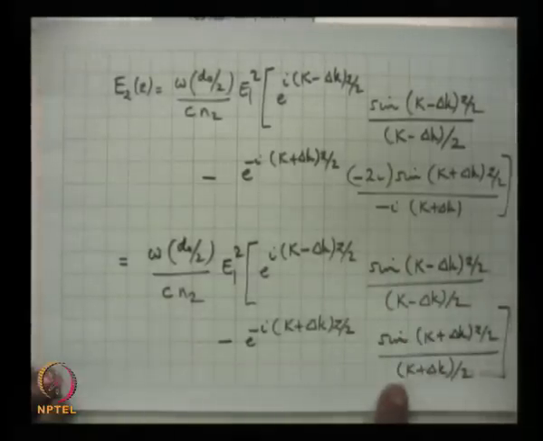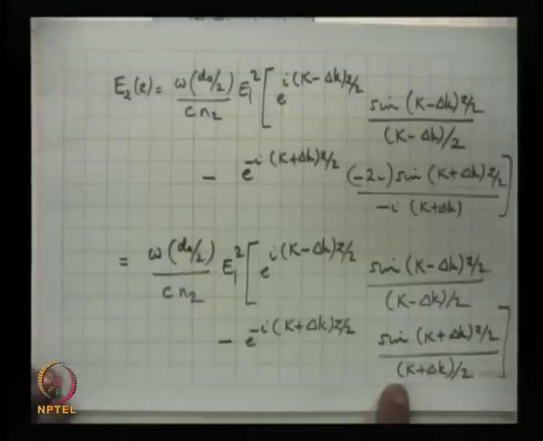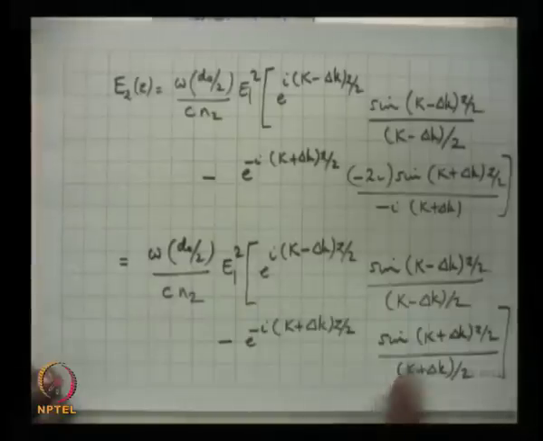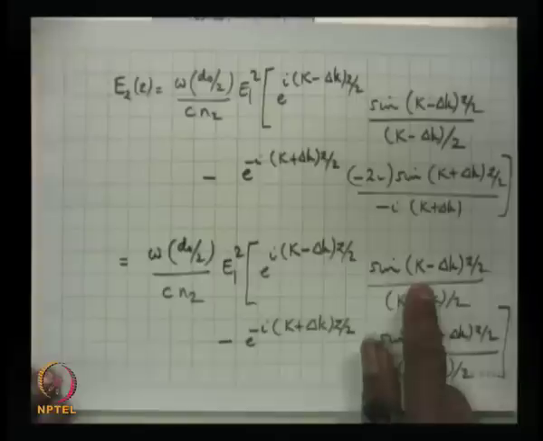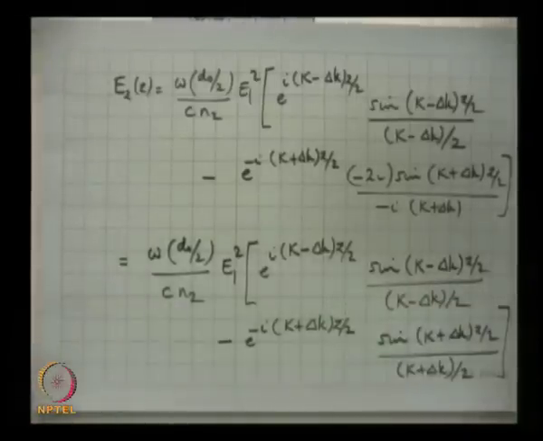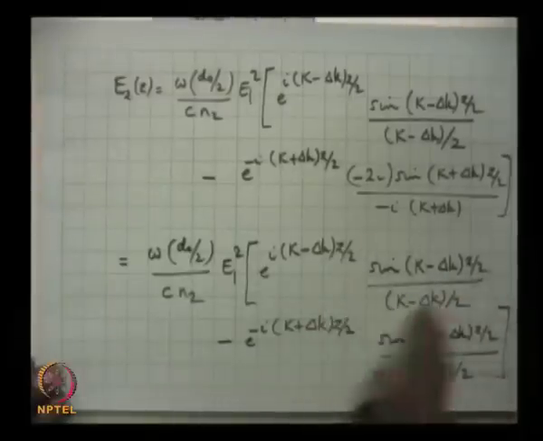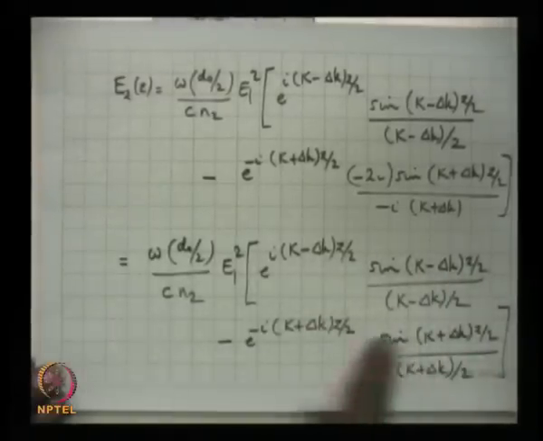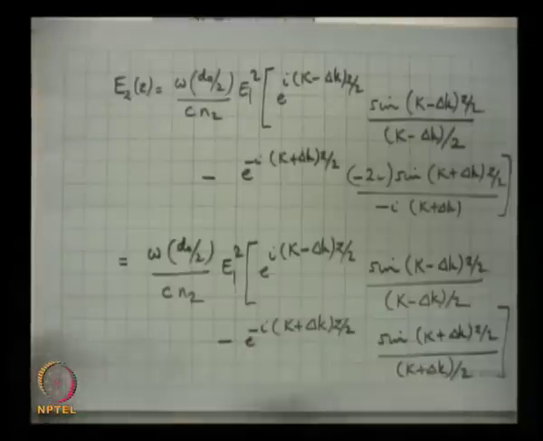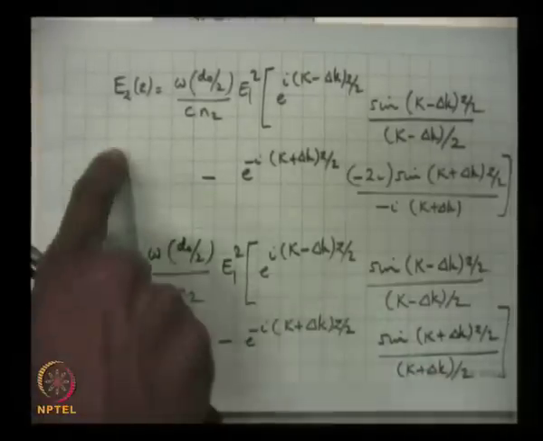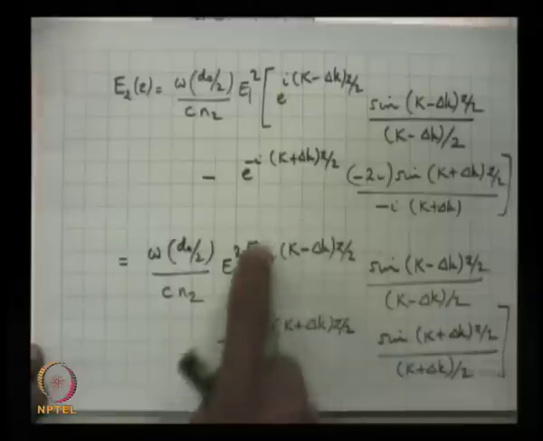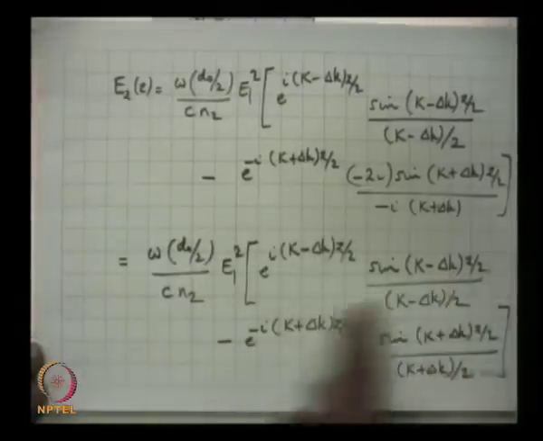This term will still be very small, because capital K plus delta k will not be close to 0, it will be close to 2 delta k. This term will become 0, this K minus delta k can be made 0 by choosing appropriately capital K equal to delta k. If I do that, this will become z, this will be some sinc function, this will hardly contribute to my E2, the main contribution will come from this term, and I will have some kind of phase matching.